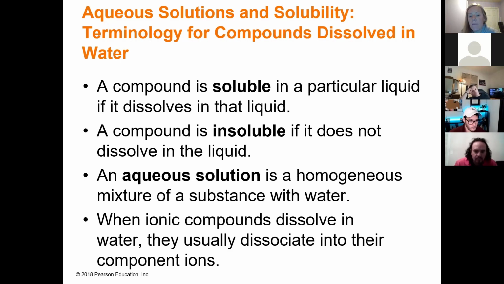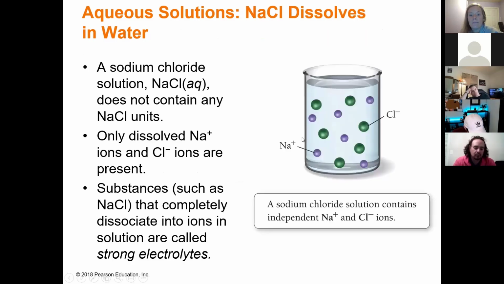Usually when ionic compounds dissolve in water, they will what's called dissociate, or break up into their component ions. So if I have sodium chloride, NaCl aqueous, I'm telling the reader, hey, this isn't table salt sitting on your countertop, but table salt that's been dissolved in water.